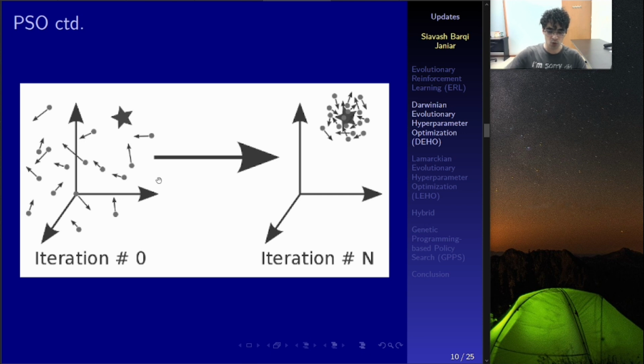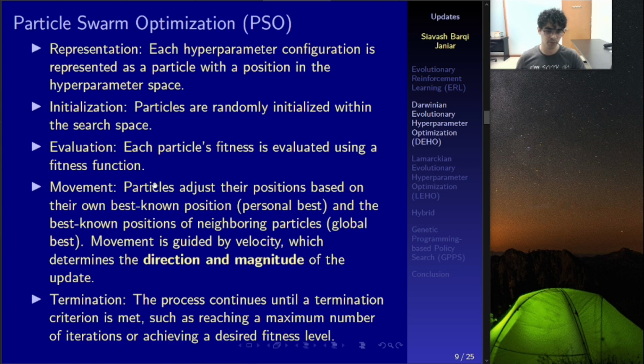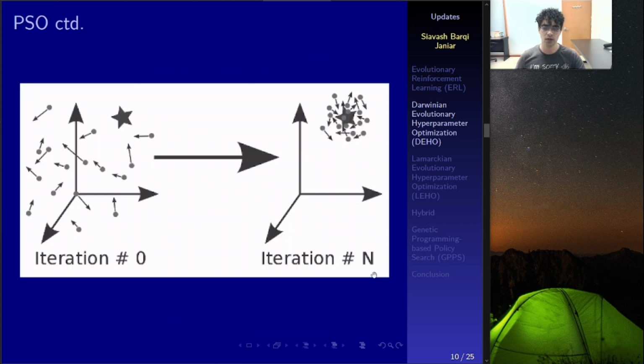This way we can update the algorithm by taking steps for each one of these candidates until they all reach, if the optimum solution is the star in this space, they are all going to eventually converge to that star.